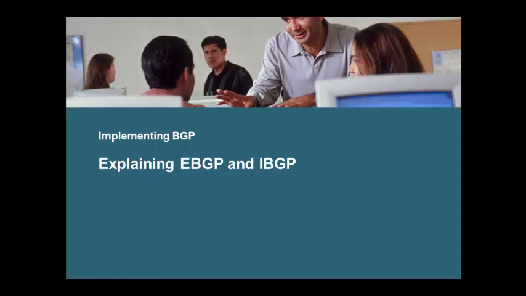We will be seeing that in the picture. If I need to put this in simple words, iBGP is BGP peering between the routers of the same autonomous system. eBGP is BGP peering between the routers of different autonomous systems.